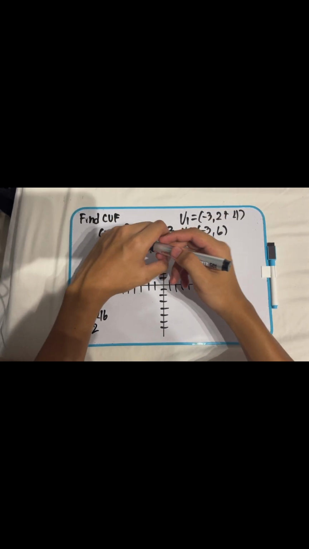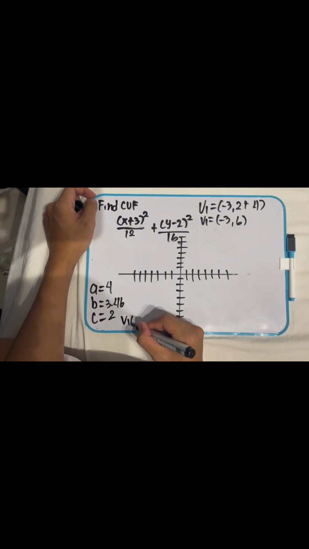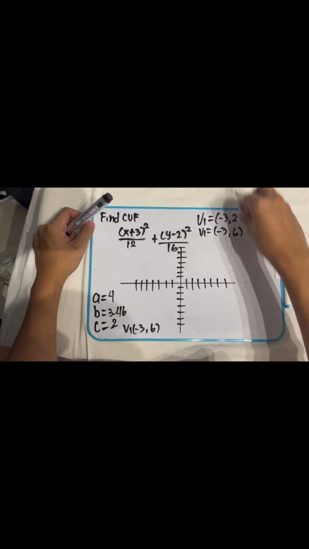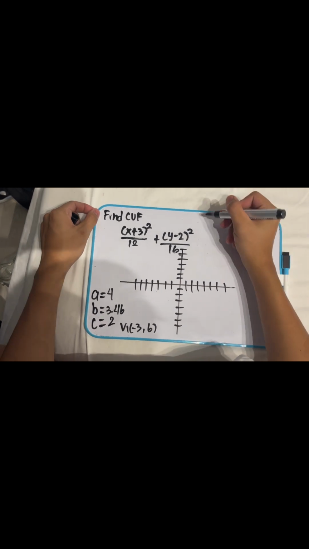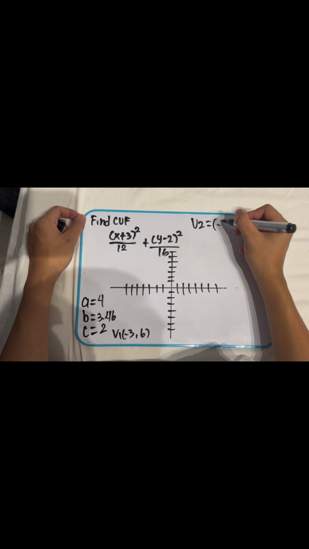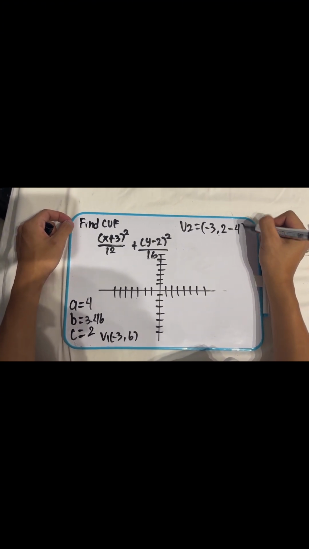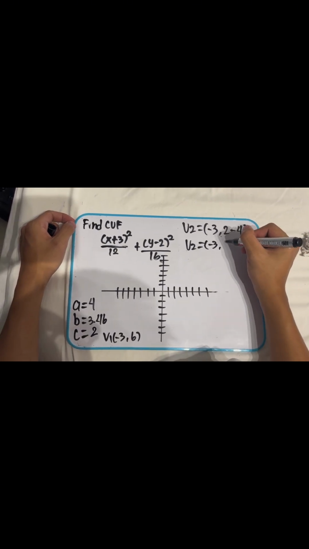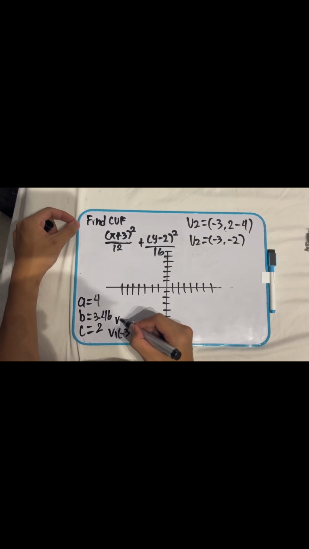That's our V1. We're gonna write it down here: negative 3 and 6. For subtraction, negative 3, 2 minus 4 is going to be negative 2. It's our V2.